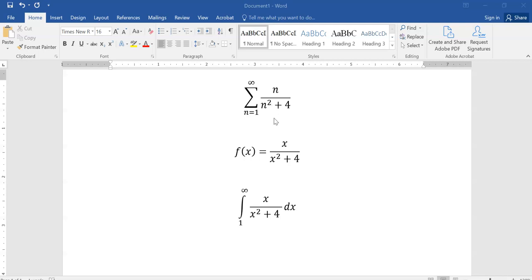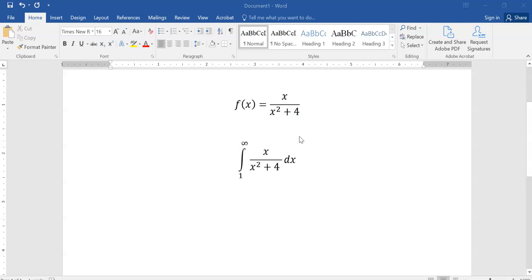So this is a function that is positive and decreasing. So what we can do is go back to our techniques that we learned in Chapter 8 and integrate x over x squared plus 4 from 1 to infinity.